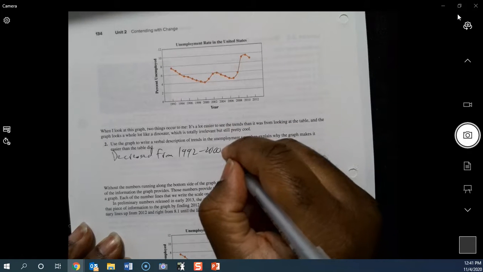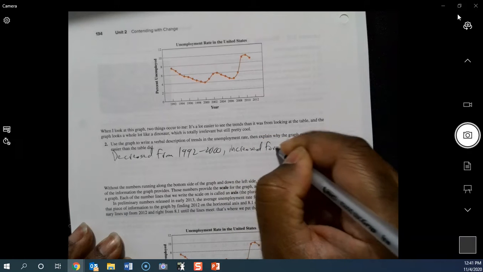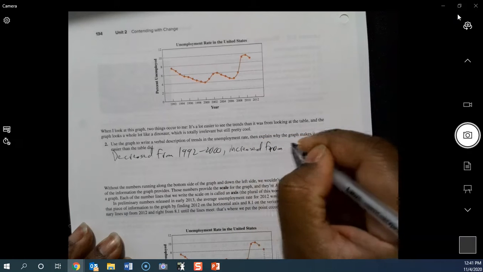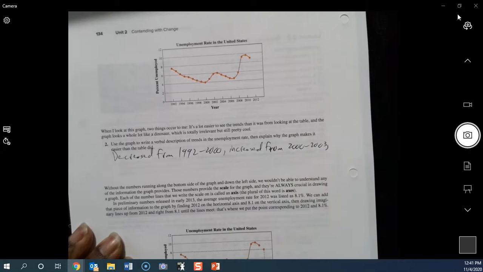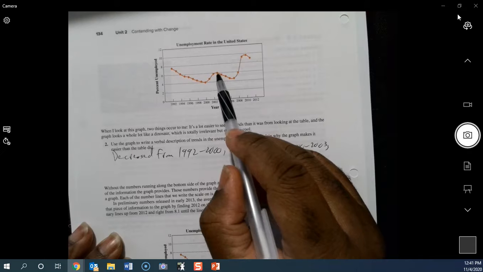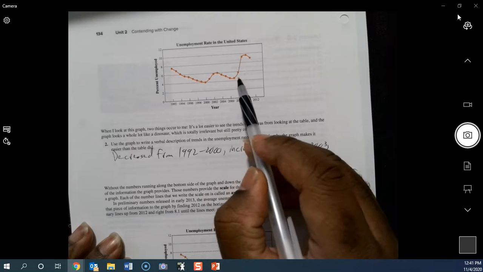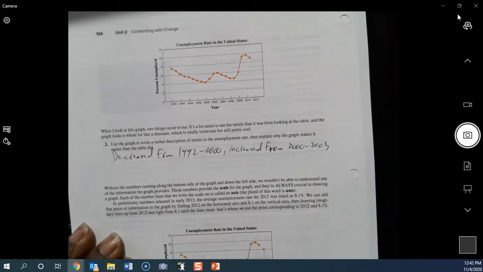So it increased from 2000 to 2003. And then when you look at that from 2003, it looks as though till about 2007, it was going down.